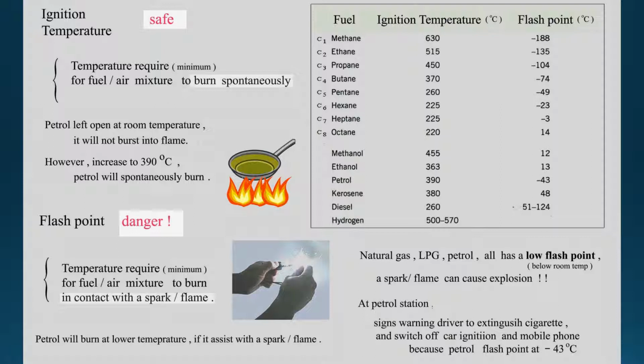So you see that at the petrol station, they always have a sign warning the driver to extinguish cigarettes, no smoking, because if any spark accidentally touches the petrol, it can cause a serious explosion. Even if the petrol is icy cold, it will still cause a problem.